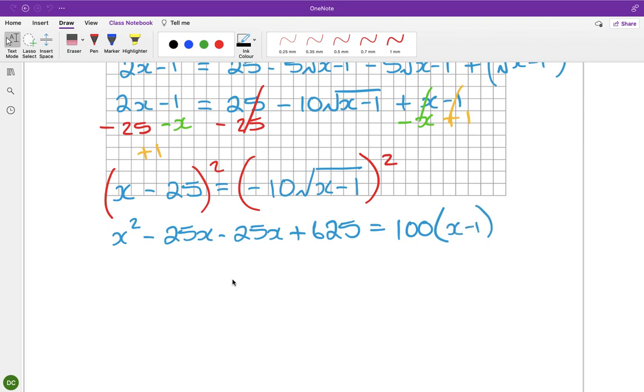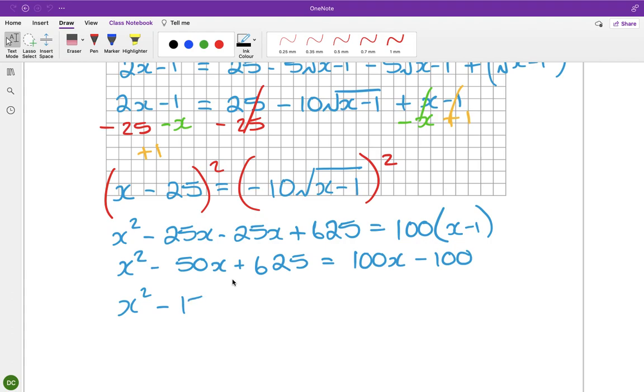So x squared minus 50x plus 625 equals 100x minus 100. And then bring that across. So it's x squared minus 150x plus 725. So I minused the 100x and I plussed the 100. And that's where that came from.